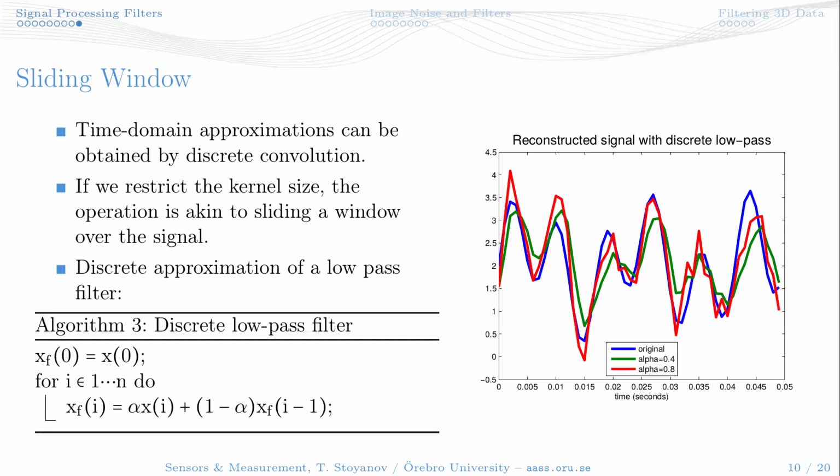The blue is the actual true signal that we're trying to reconstruct from the noisy signal that we saw before. And alpha 0.4 and 0.8 here are two examples of filtered signals. You can see the higher alpha passes through more of the noise, so the red signal is more noisy. The lower alpha smooths things out more, but it also smooths out parts of the signal. And obviously, this is not going to reconstruct the real true signal because it's an approximation.